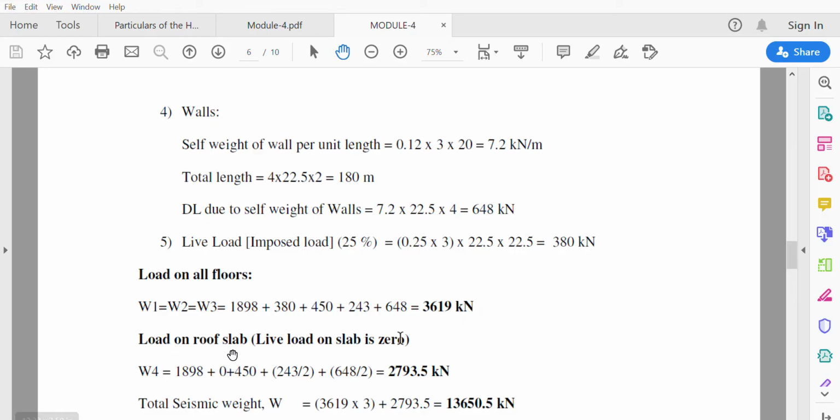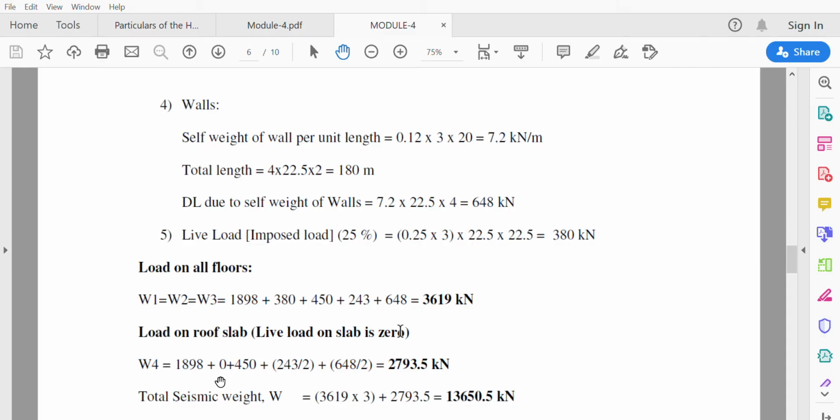Load on roof slab: usually we take live load on roof slab as 0. Hence W4, that is the load on the roof, is 2793.5 kilonewton. Therefore total seismic weight is 3619 into 3, that is the first floor, second floor, third floor, plus terrace floor. So it is 13,650.5 kilonewton.